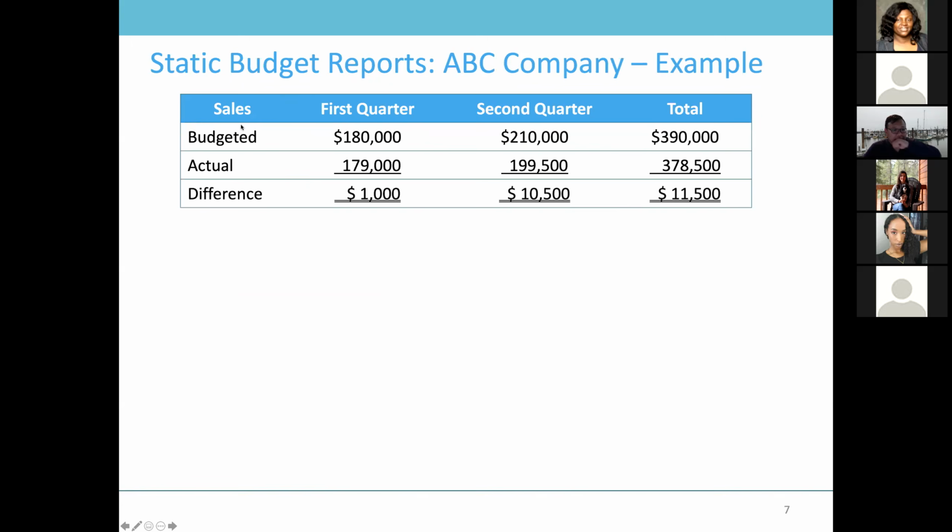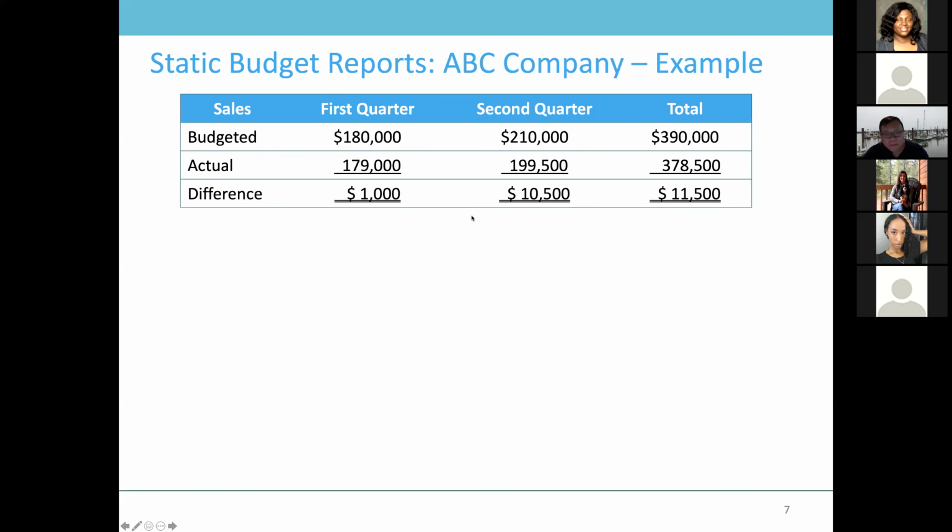We have a sales budget for first quarter, second quarter, and total. The budgeted is the first row, and the second row is the actual numbers. The difference is budget minus actual.